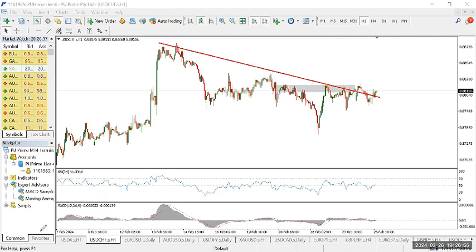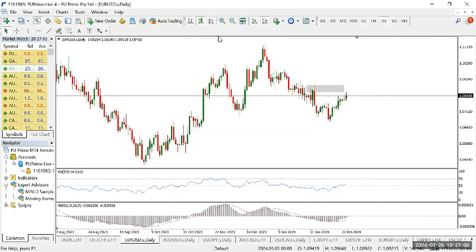Now for EURUSD, because it's negatively correlated to the dollar, to the USDCHF precisely, we are looking at the bearish side of this. On EURUSD on the daily time frame, we actually have a rejection candle also on a resistance level.